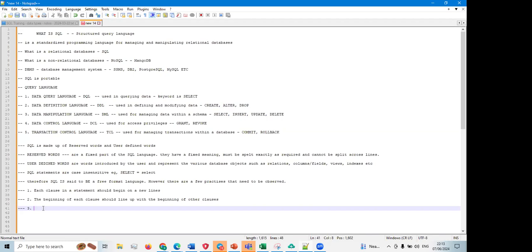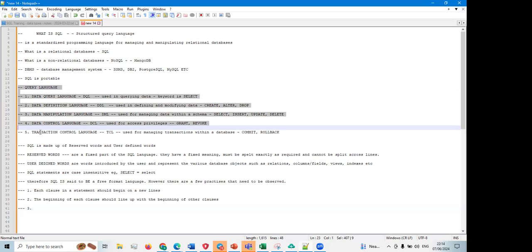So for example, let's look at this. Take this for example, what I've just highlighted. I say this is SQL language.